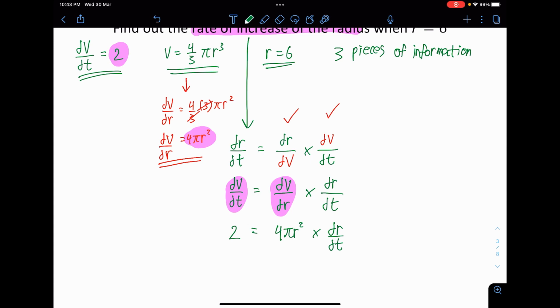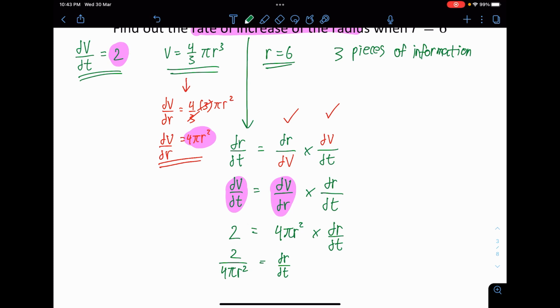Again, don't forget the question is asking you to find the rate of change of the radius. You are looking for dr dt, meaning to say I need to make the dr dt as the subject. So I just need to divide the number away. Now remember that your final answer always has to be constant. Cannot have an r. R is a variable, so this is not acceptable.